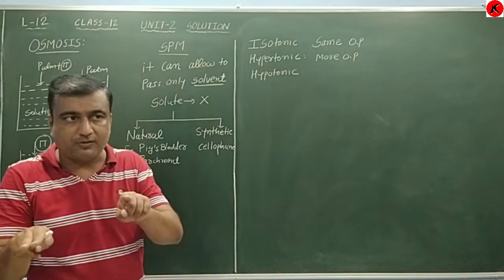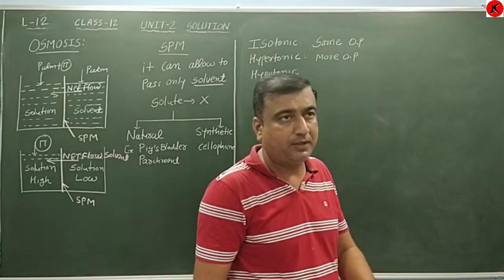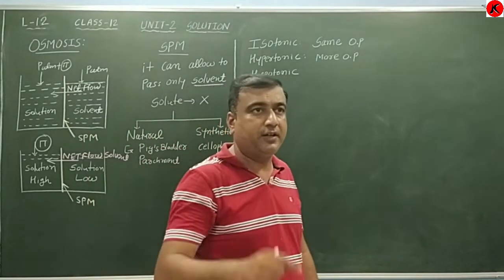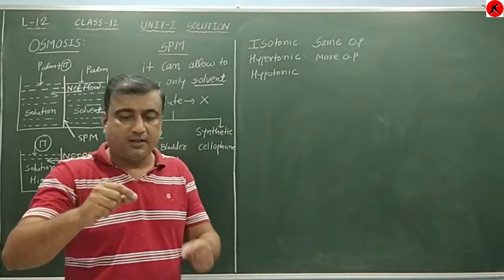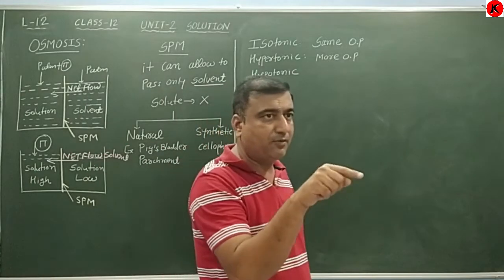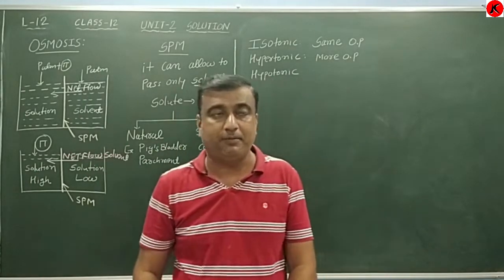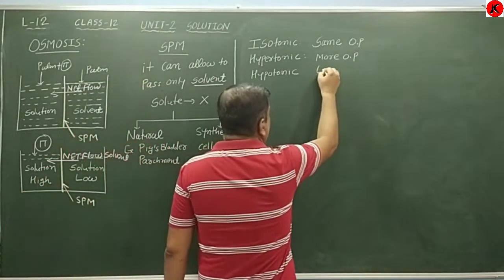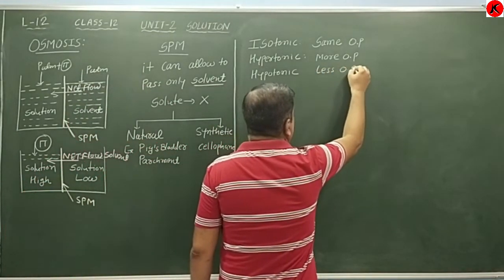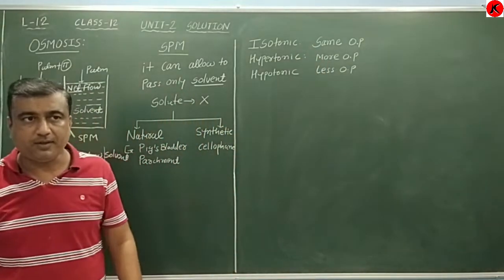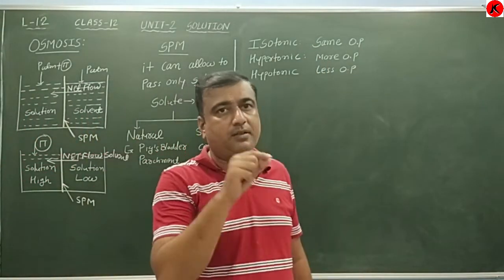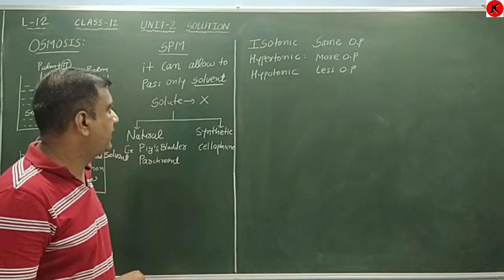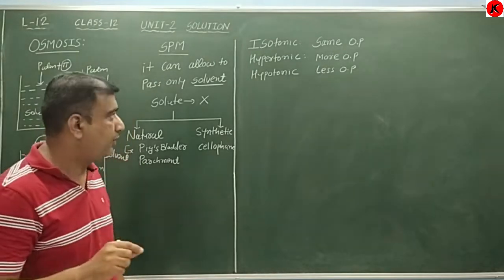Suppose more than one solution, then the solution having the highest osmotic pressure is known as hypertonic compared to the remaining solutions. And similarly hypotonic solution means having less osmotic pressure. The solution which has the least osmotic pressure is known as hypotonic solution.